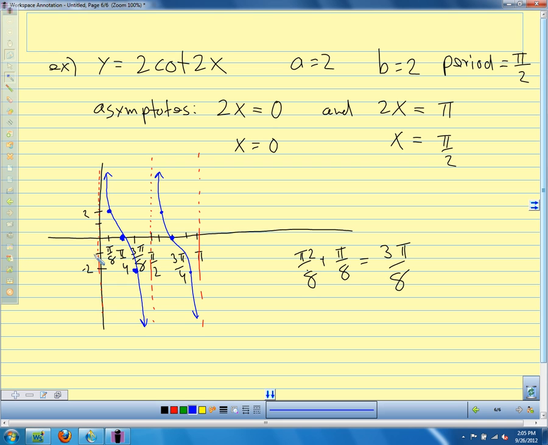And we could see a similar thing with our sine and our cosine. If we shift a cosine function over, it looks exactly like a sine function. The sine function and the cosine function can be thought of as shifts of each other, and the cotangent and tangent functions can be thought of as reflections of each other with a shift. So kind of an interesting little fact.